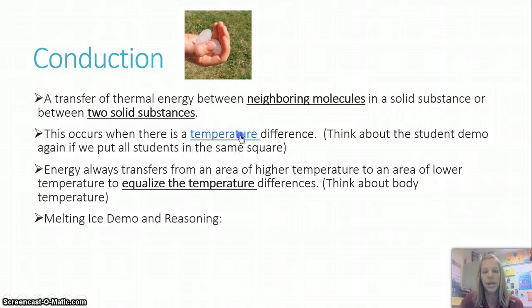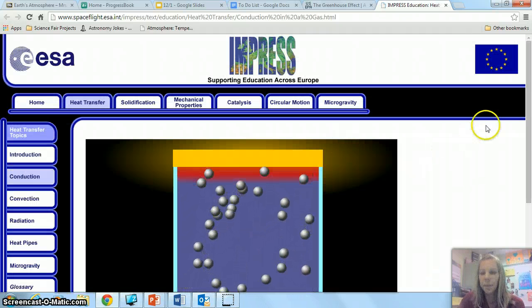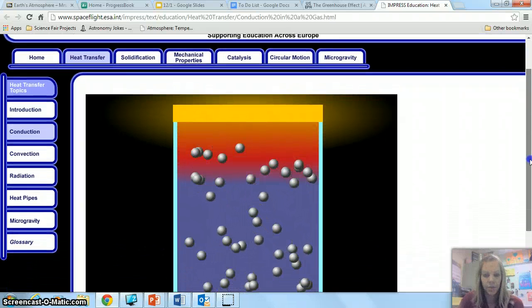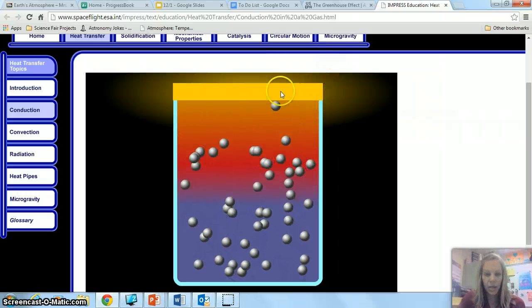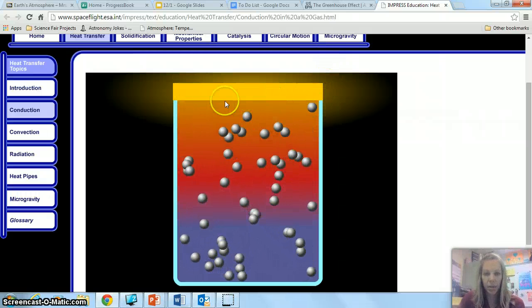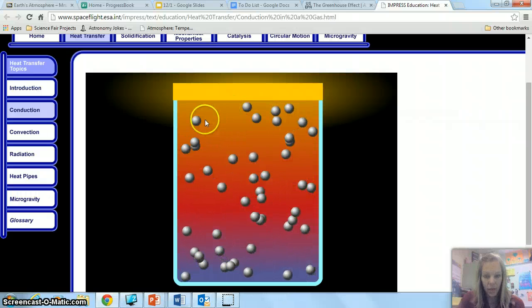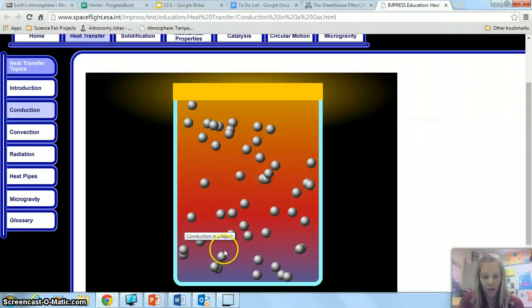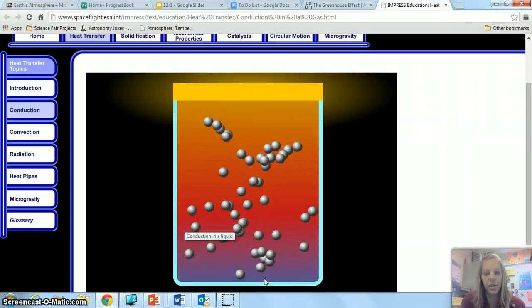I'm going to click right now on a visual that kind of shows this. Here is a solid that has heat placed on top. And you can see that as the heat is being transferred throughout the solid, the particles are moving faster and faster and faster.